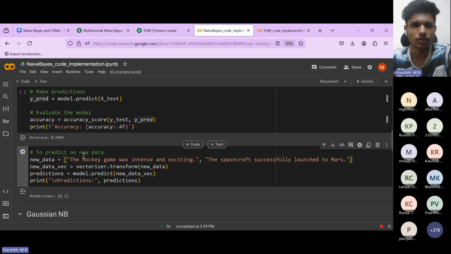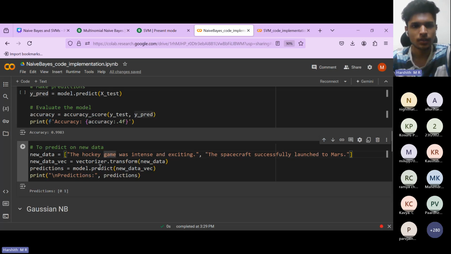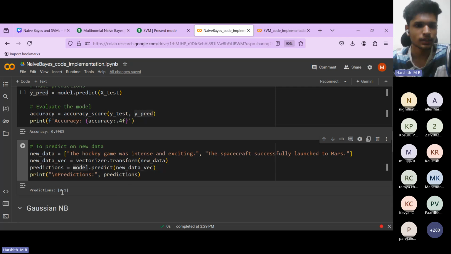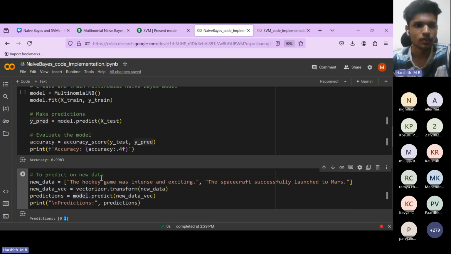So when you pass this new data to the vectorizer, yes, we are passing it to the vectorizer because we need to convert these words into numbers, because our model only understands numbers. And we'll pass it to our model to predict, and we'll get the predictions as 0 for the first sentence, and 1 for the second sentence.